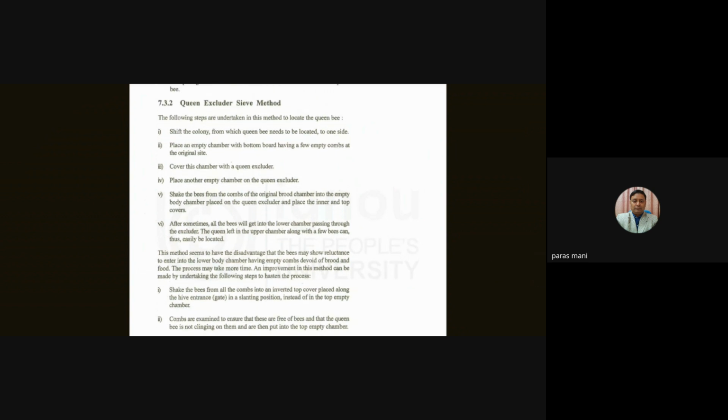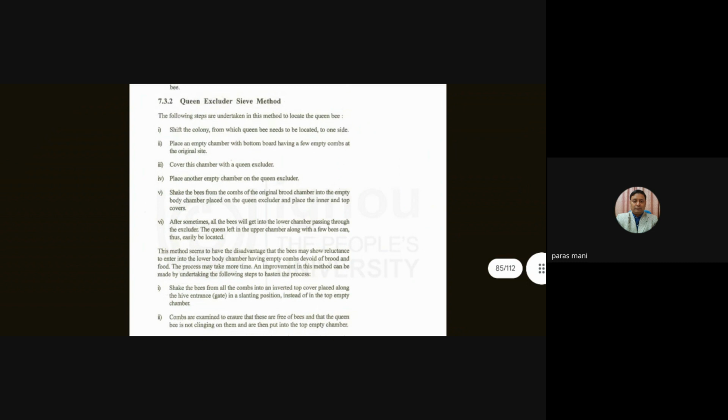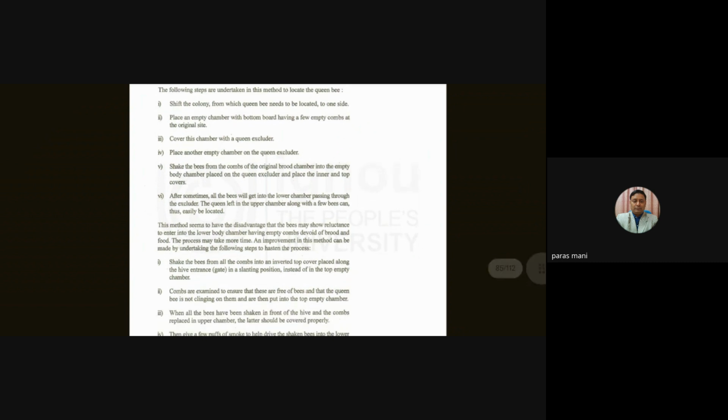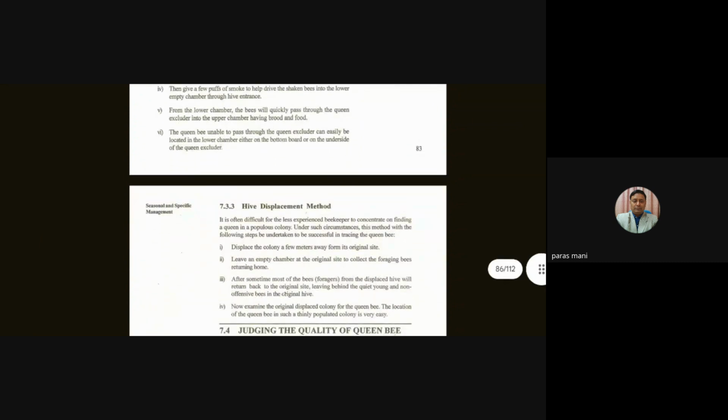The queen cannot pass through this queen excluder. That is the principle here. The detailed method is given here. So the queen will be left with only a few workers. Finally, the queen is left on one side, which cannot be moved to the other side. Thus, the queen can be located very easily.